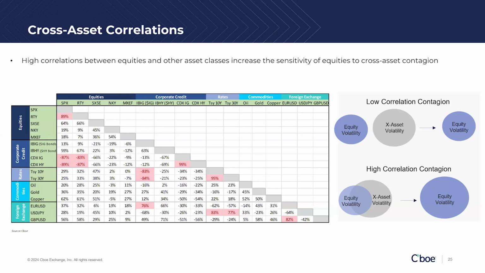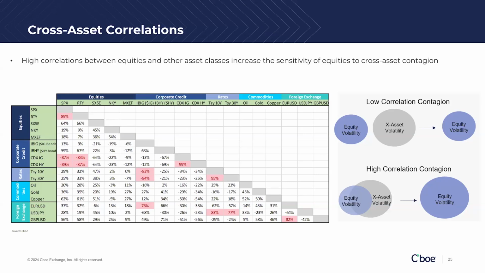The graphs on the right-hand side demonstrate why that is. The bubbles on the upper right show the size of the volatility from equities and some other asset class. We call it X asset volatility. When they're trading fairly independently of one another, it has virtually no effect upon equity volatility.